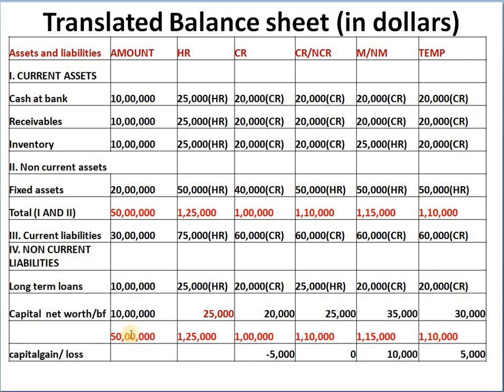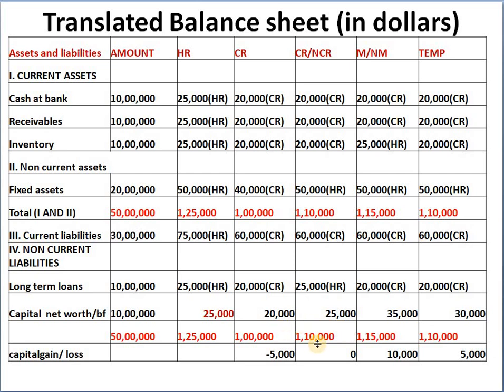To get the balancing figure, what you have to do is just go on subtracting the current liability and non-current liability. So you see here 50 lakh minus 10 lakh minus 30 lakh, you will get 10 lakh. 1,25,000 minus 25,000 minus 75,000, you will get 25,000. 1 lakh minus 20,000 minus 60,000, you will get 20,000.